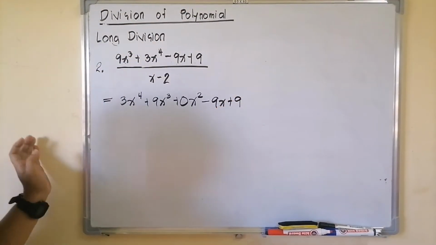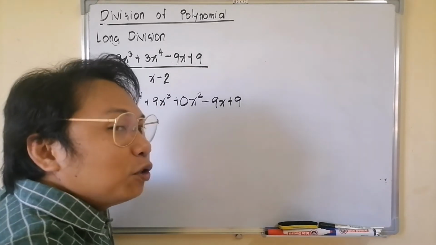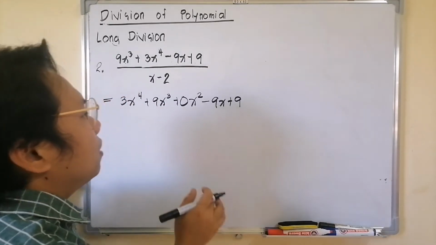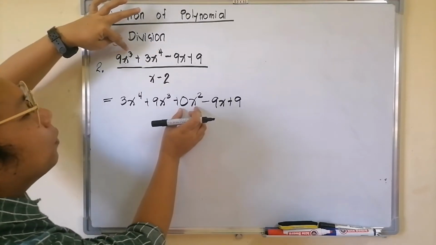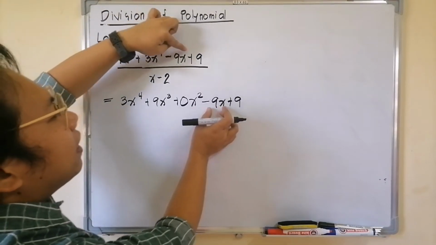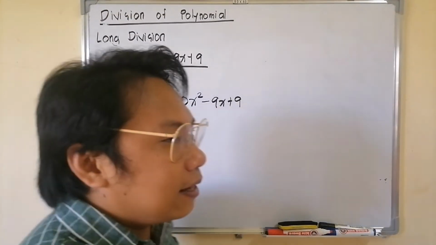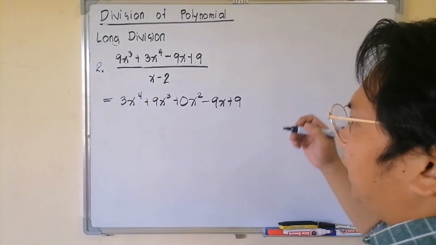Again, if there is a missing exponent, complete it by adding 0. So you have now 3x to the 4th plus 9x cubed plus 0x squared, since we have no power of 2 here, minus 9x plus 9. So this is now written in standard form, and we are ready to divide.